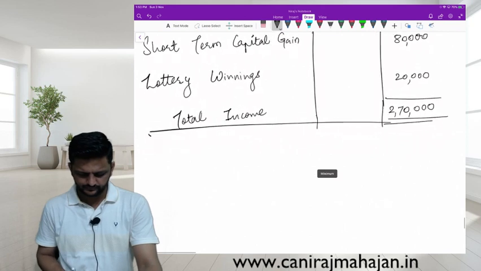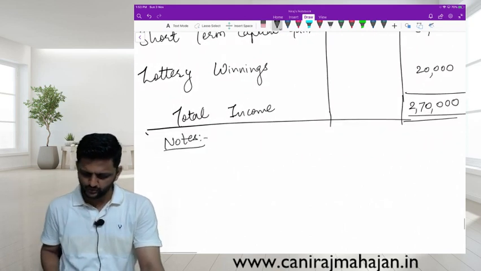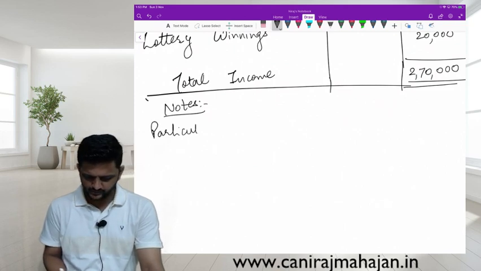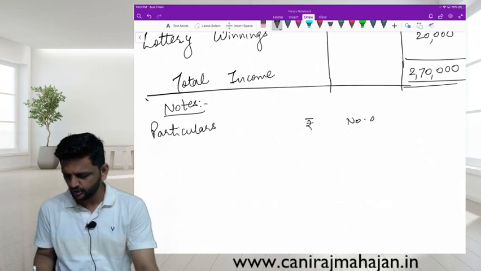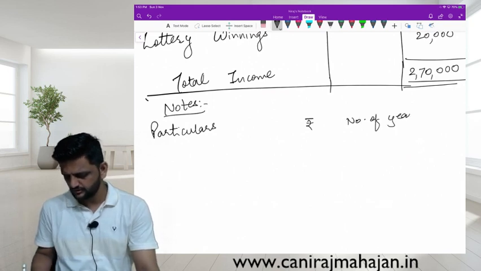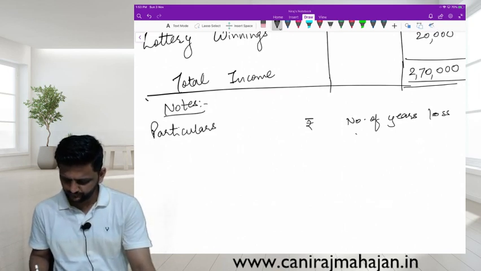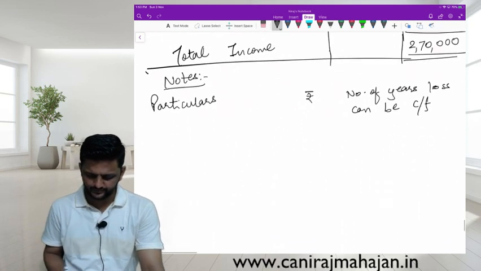Make the notes. Particulars, rupees, number of years the loss can be carried forward.